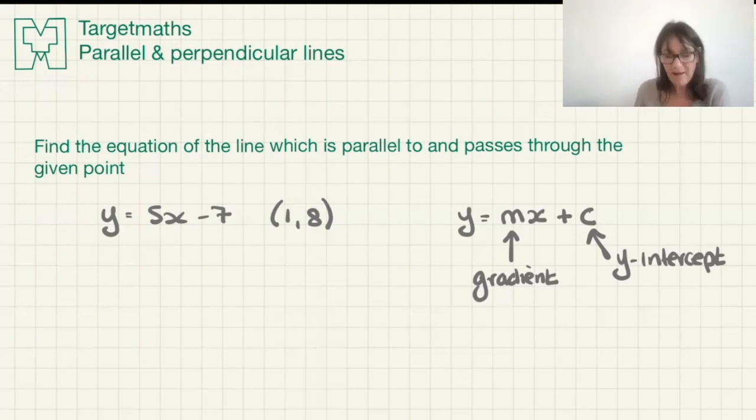Our y and our x, which often get lost and forgotten about, they have a role as well. They are actually the coordinates that sit on the line, okay? So our y and our x are actually x and y coordinates.